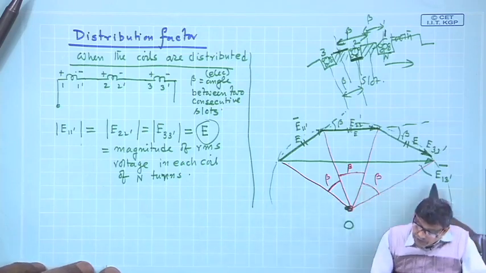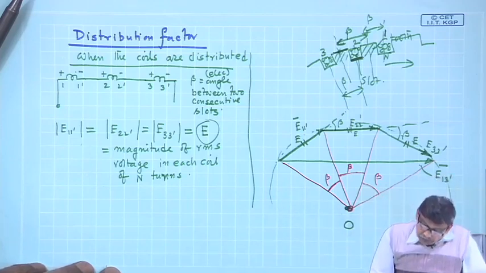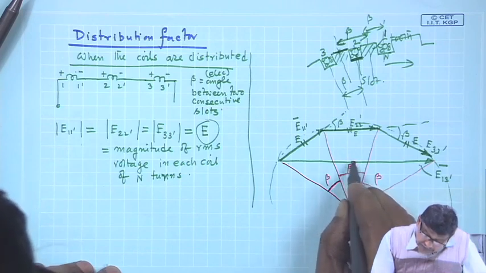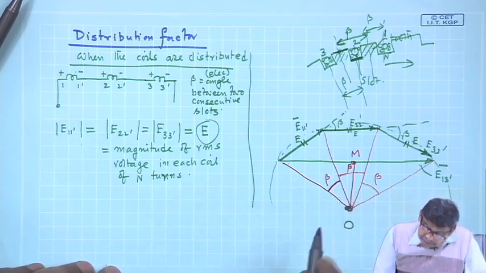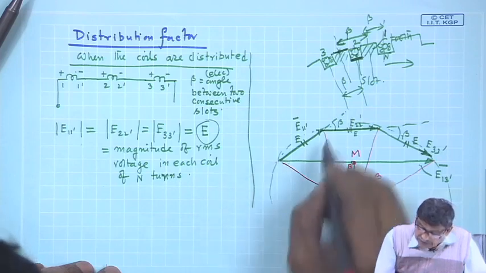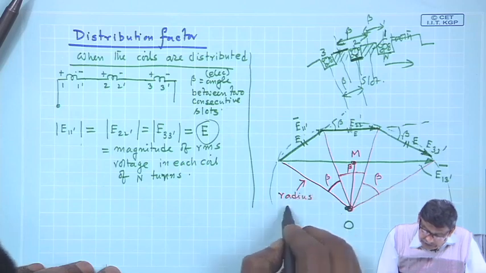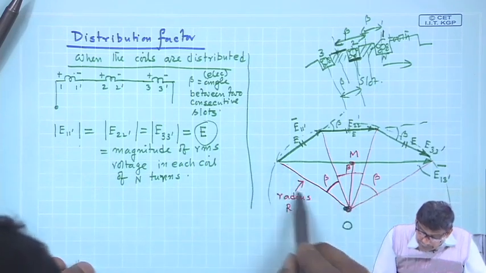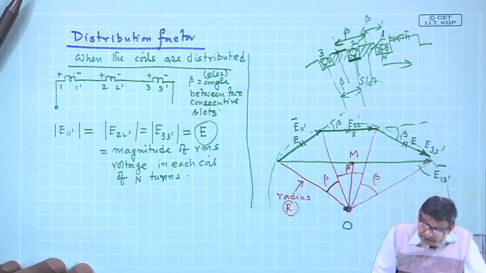Now, my problem is to find the magnitude of E13 dashed. So, to do this, I will drop a perpendicular from here to this, say this point is M, and suppose the radius of this circumscribing circle is capital R. Then in terms of this capital R, this length E13 dashed can be easily calculated.